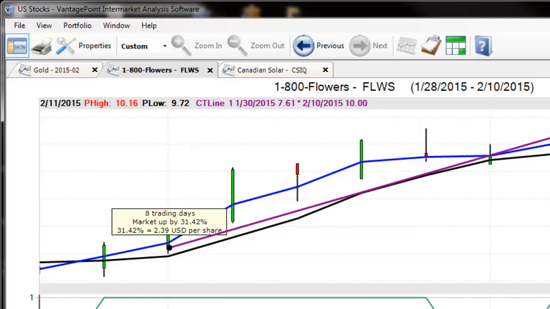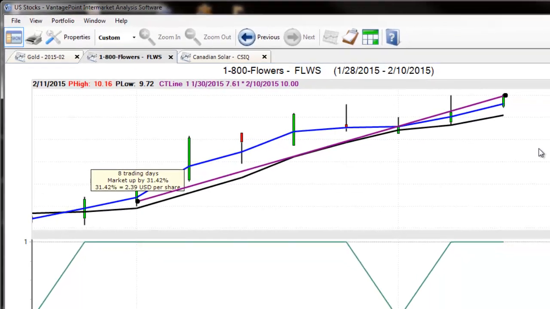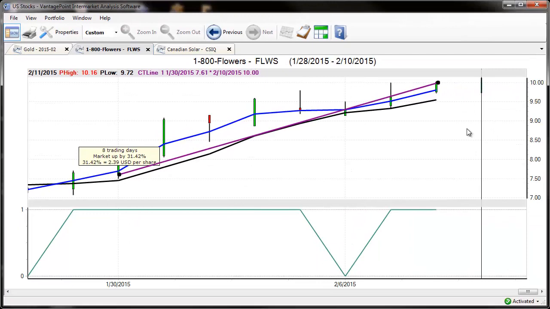Now, this stock was $7.50 a share when you jumped in on it. Maybe you bought 1,000, maybe you bought 10,000 shares, depending on how you trade, but you can see very easily how you're up $2, 3, 4, 5, $20,000 depending on how you trade. VantagePoint found that opportunity for you and helped you get in when that trend started to take off. And you could have made this profit in 8 trading days.